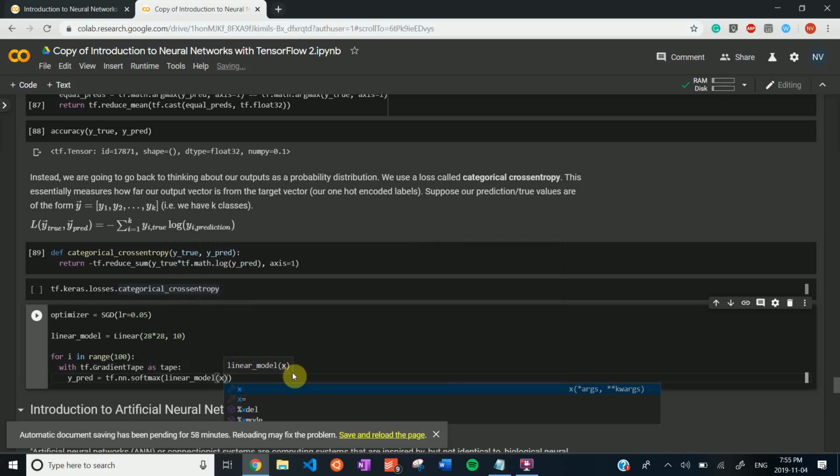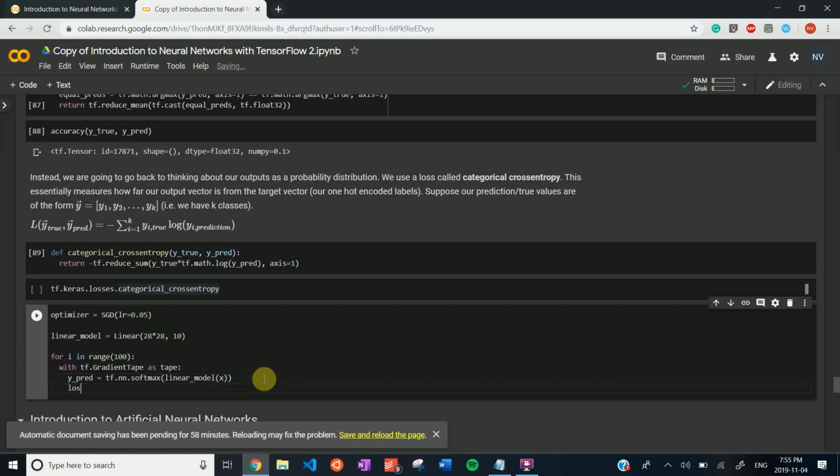So we are applying the linear model to our data, and then we're applying the softmax function that we talked about before. Then we're going to compute the loss per each example. So before, mean squared error just did it over the entire data set. This loss is computed per example.